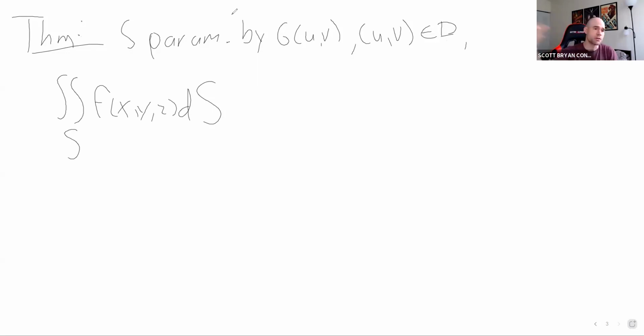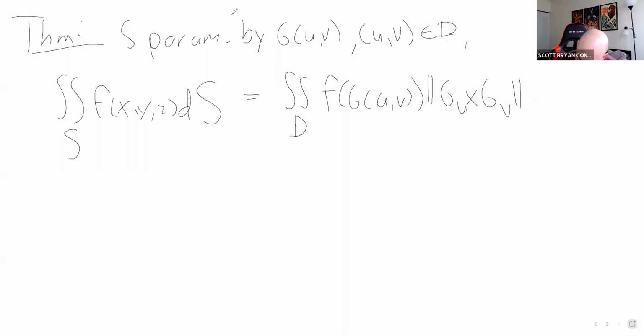So if we want to integrate a scalar function over a surface, we replace x, y, and z with their parameterizations. So x, y, and z are written in terms of u and v, and we replace those in the function. We now integrate over D, where u and v live. And dS becomes the magnitude of G_u cross G_v dA.